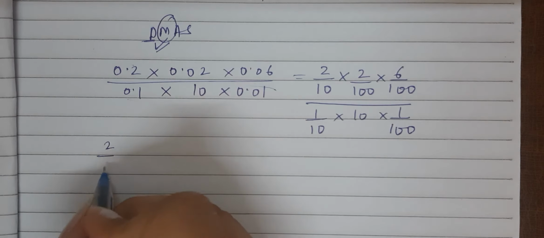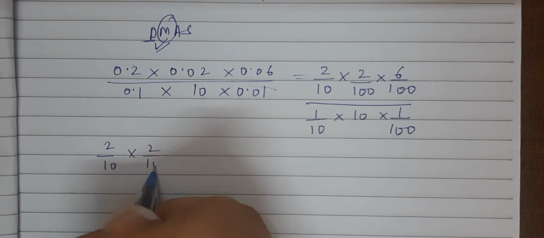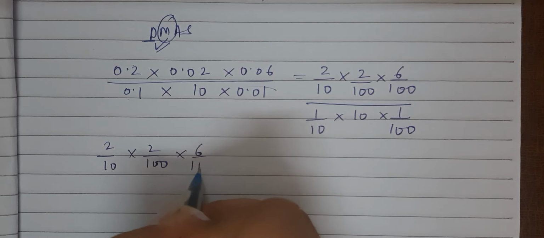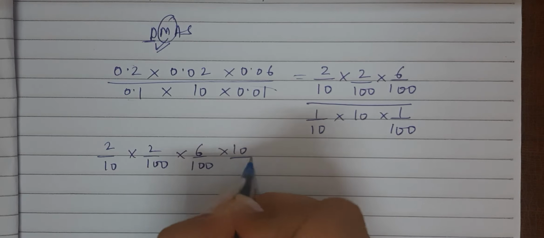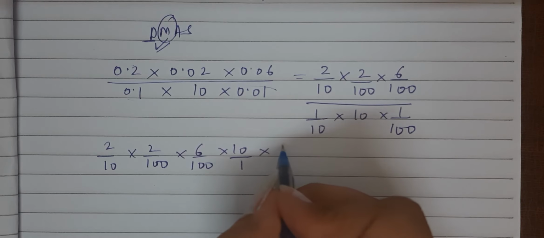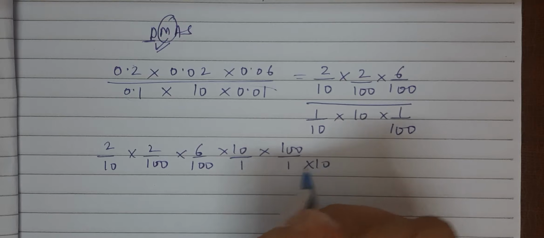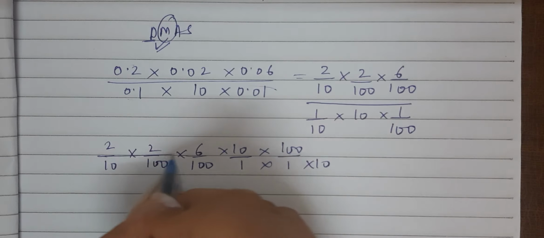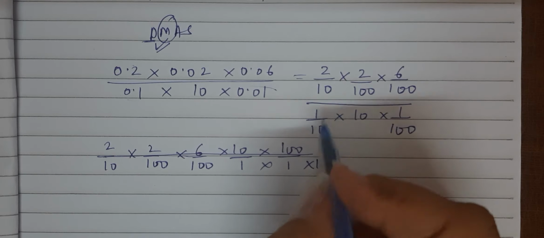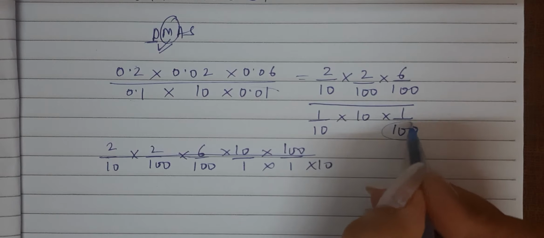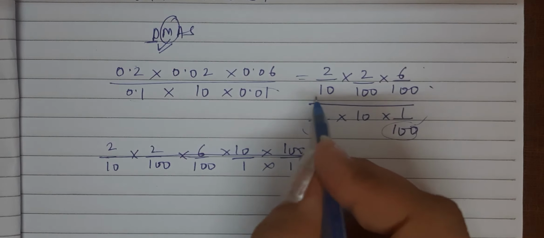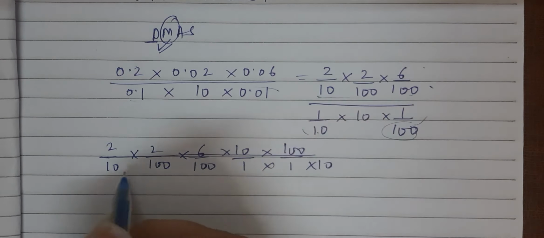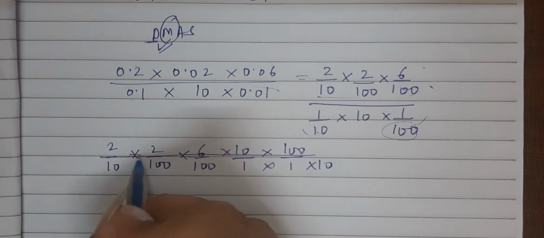So if I take the reciprocal, it will be 10 upon 1 into 100 upon 1 into 10. Reciprocal means the numbers in the denominator go up and these come down, and this is the form I am having now.